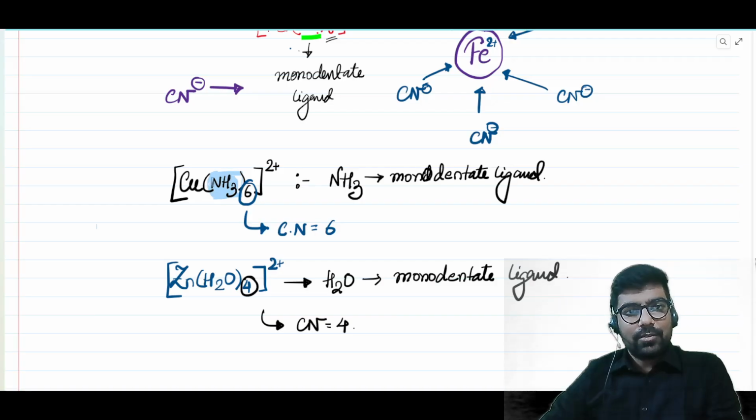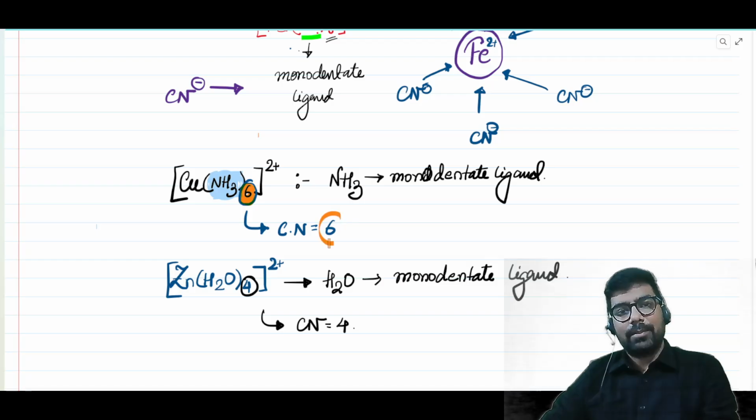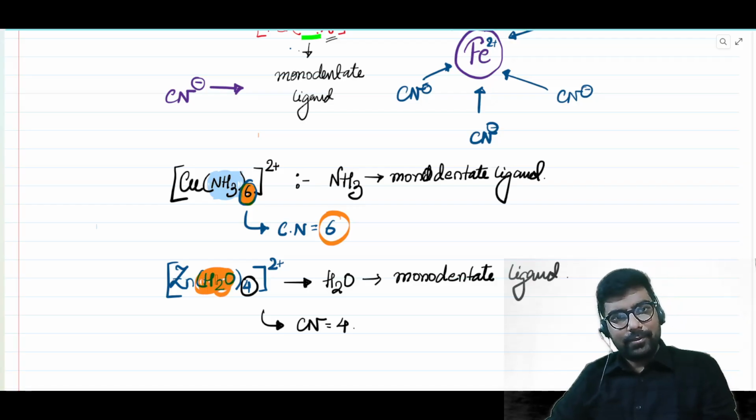So the number of NH3 present is directly equal to the coordination number. There are 6 NH3 present, so the coordination number is 6. Similarly, water is again a monodentate ligand, so the number of water molecules equals the coordination number. 4 water molecules are present, so the coordination number becomes 4.